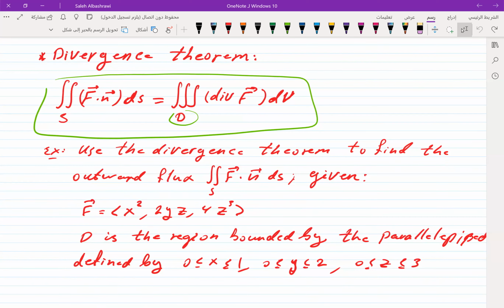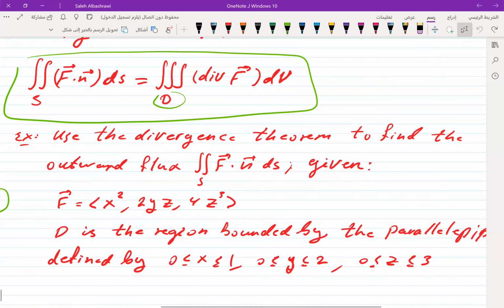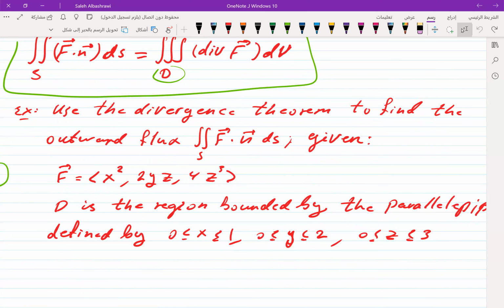So the first example here, we need to use the divergence theorem to find the outward flux F dot n, or the surface integral, given number one, F is equal to x squared, 2yz, 4z to power 3.